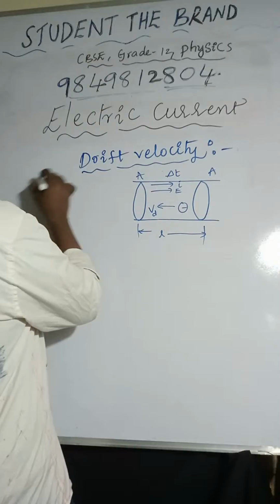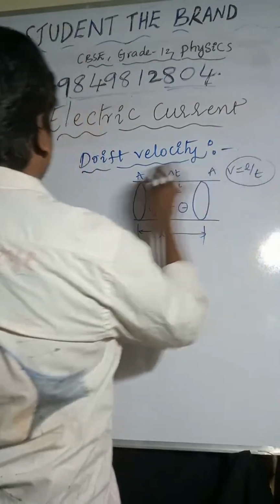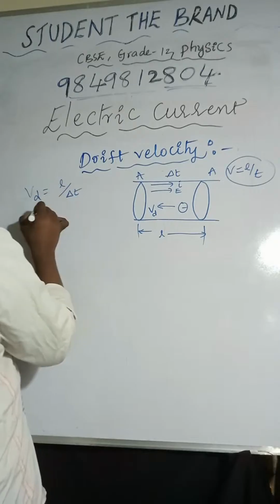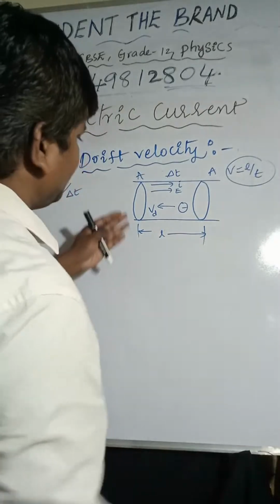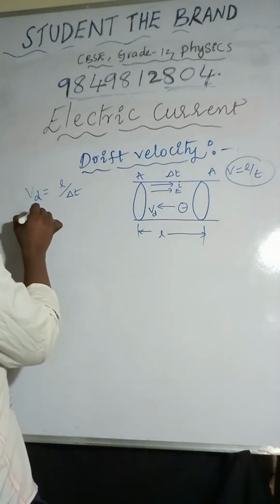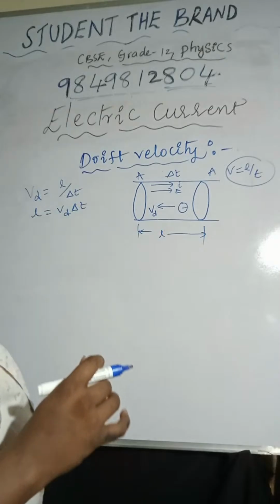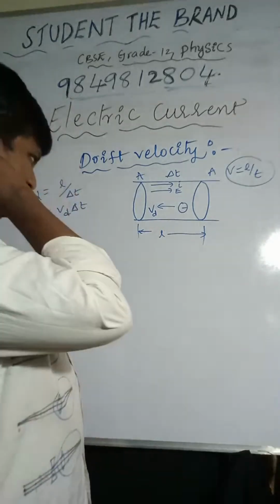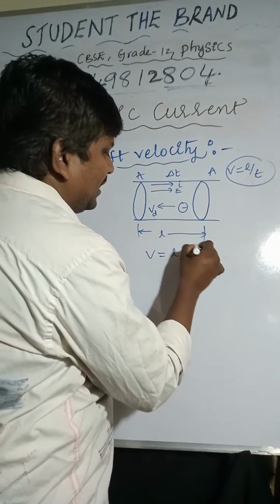So now we know velocity equals displacement by time taken. From this formula, Vd equals L by delta t. So length L is the length from A to B, or you can take C to D, or XY, anything we can take. L equals Vd into delta t. That is the length. Now what about volume? Volume formula: V equals length into area.